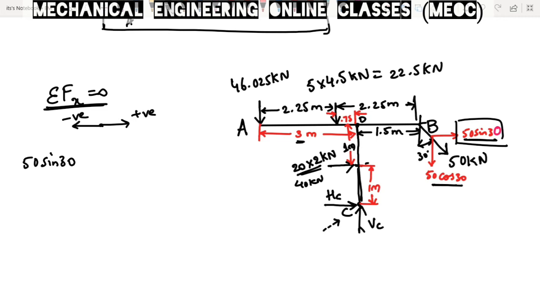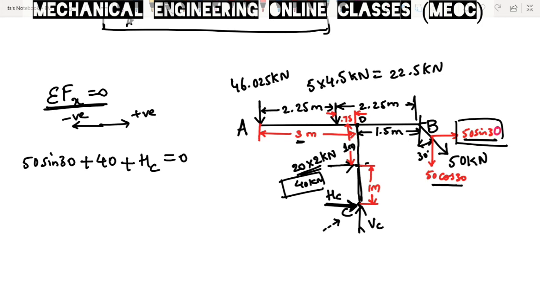And there is another force which is 40 kilonewton acting through the midpoint of CD. That is also rightward, so that is also positive. So this is plus 40 kilonewton. And HC is also, this is the assumption, we have assumed that HC is acting rightward, so that will also be positive. So these are the only horizontal forces. Therefore the sum of these three should be 0.